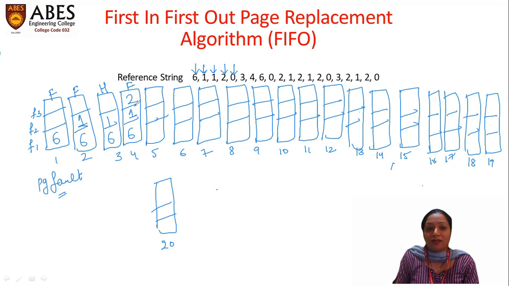First in first out algorithm says that replace the page that you brought first into the frame. So as per this frame allocation, we can see that we first bring page number 6. So we will replace page number 6 by the incoming page number 0.